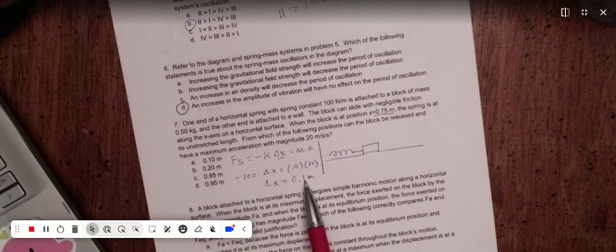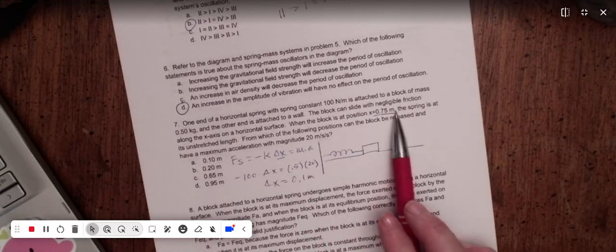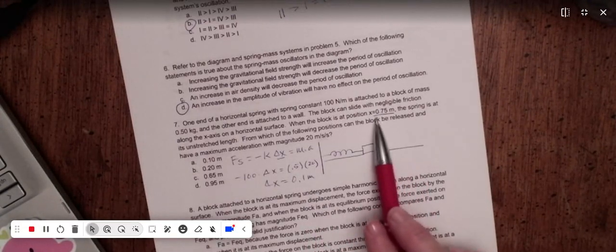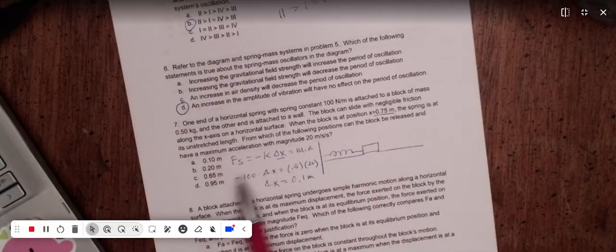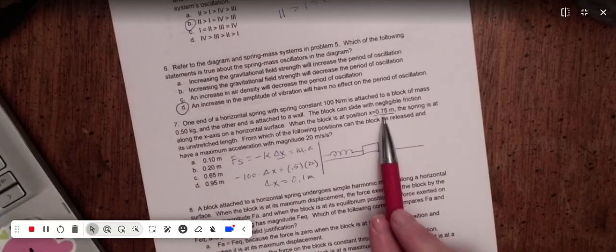So that means that I am being displaced 0.1 meters from this position when I have an amplitude value. So really the only choice from these is this 0.65, because that's 10 centimeters or 0.1 meter off of that.